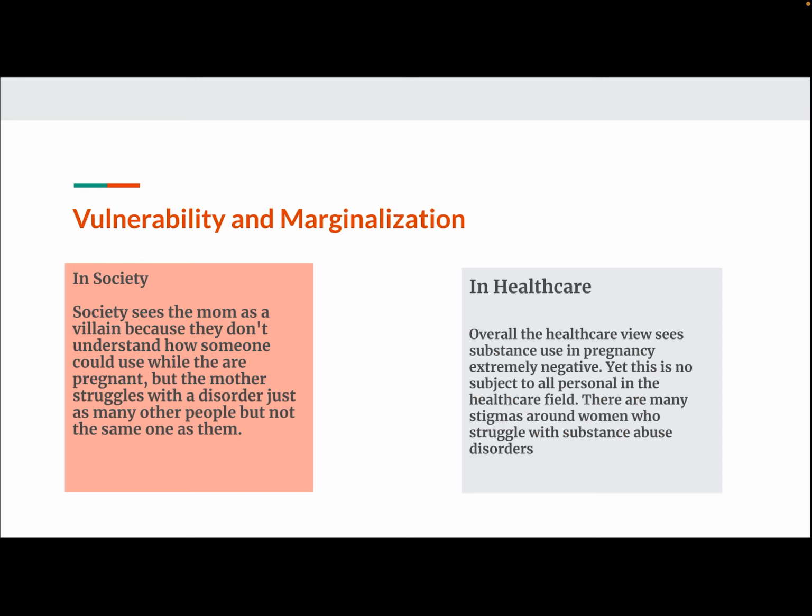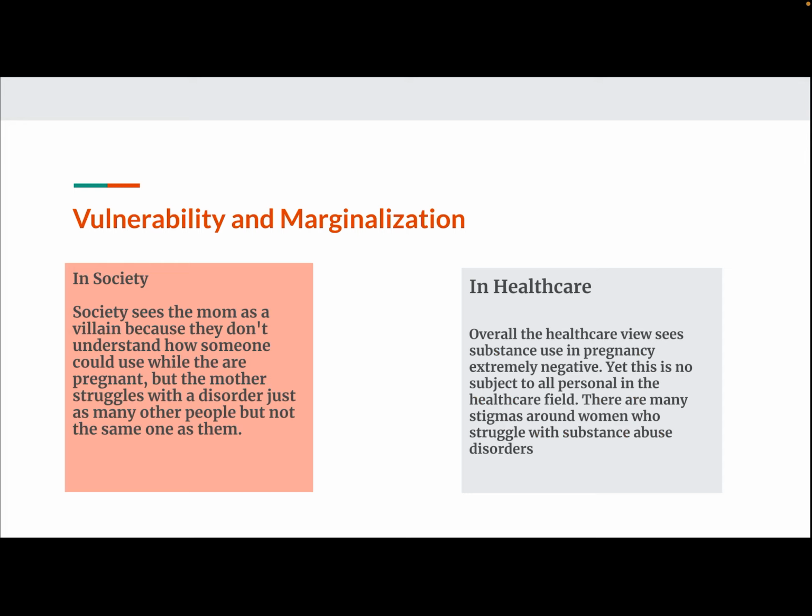So in society, a lot of times people see the mother as a villain because they don't understand how a mother could be using drugs or other substances when she's pregnant because of how it will affect the baby. But a substance use disorder is a disorder. It's not something that they can always change, which a lot of people think that people who struggle with drug disorders or addiction disorders can change.